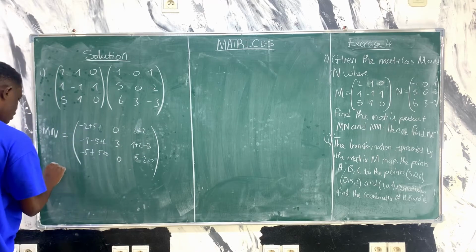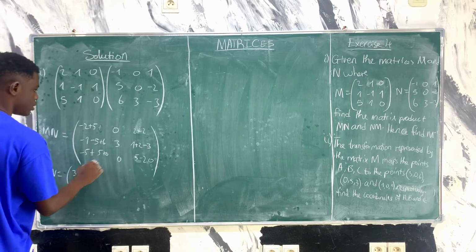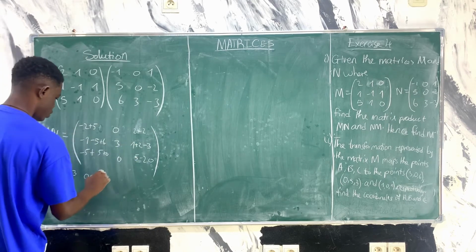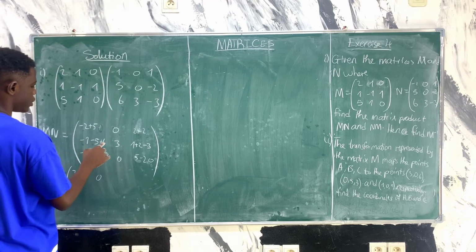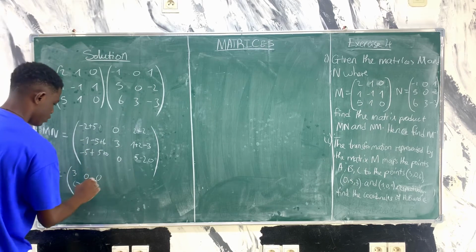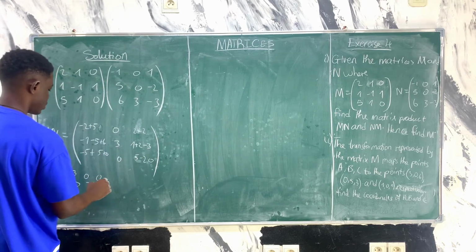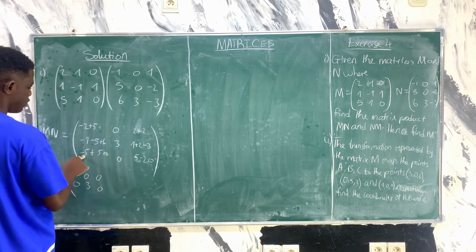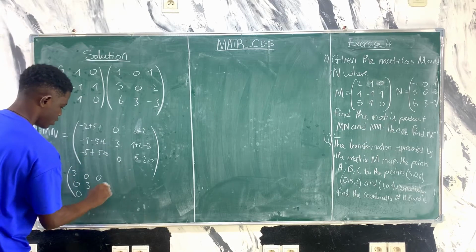So MN is actually going to be minus 2 plus 5, 3, 0, 2 minus 2, 0, minus 1 minus 5, minus 6 plus 6, 0, 3, 1 plus 2, 3, 3 minus 3, 0, 5 minus 5, 0, 0 here, and 3.